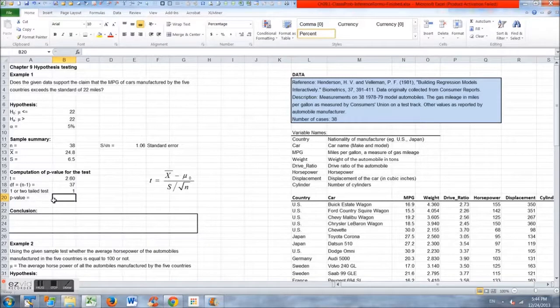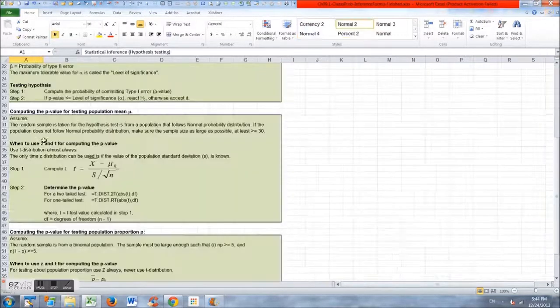Now, what formula should we use for the p-value? Okay, so let's take a look. Okay, so here are the two t distribution functions. So for a one-tailed test, we need to use the t.dist.rt function. Okay.